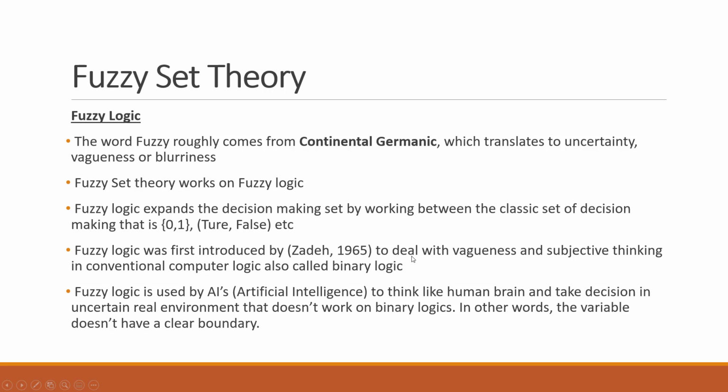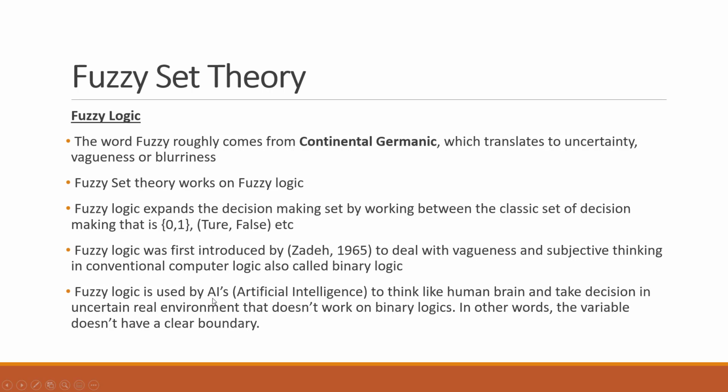So he used it to deal with vagueness and subjective thinking in conventional computer logic, also called binary logic. At that time he faced some problems which he could not solve with binary logic, so he started thinking about developing an extension tool, and he developed this.